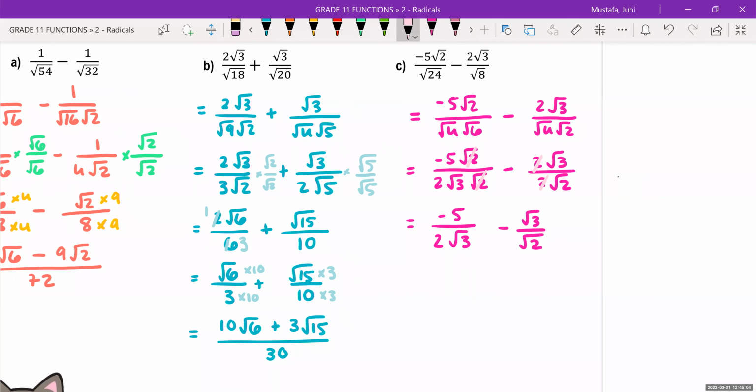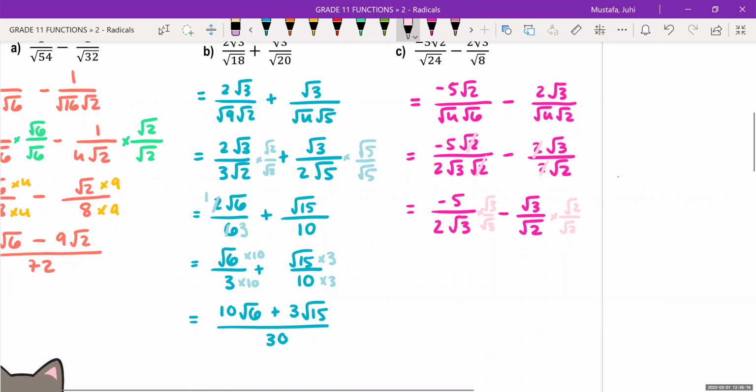All right, we're not allowed to have any radicals in the denominator, so I'm going to rationalize the denominator by multiplying this one by root 3 and this one by root 2. So the first fraction is going to become -5 root 3 over 2 times just 3, which is 6, minus root 3 times root 2, which is root 6, over the number 2.